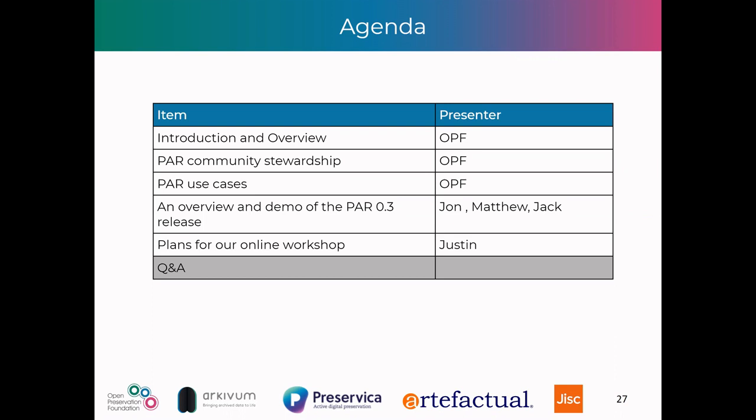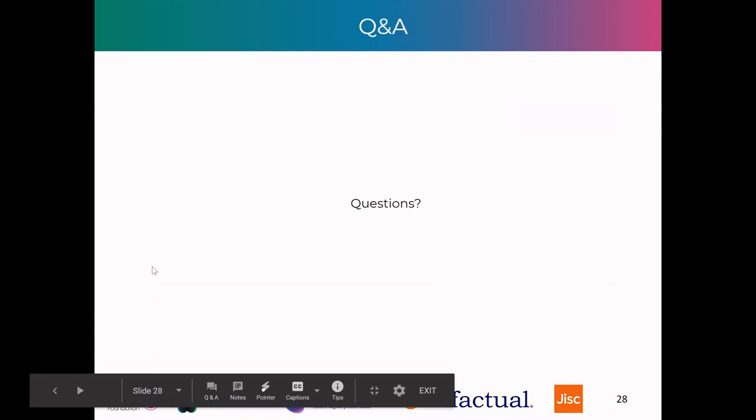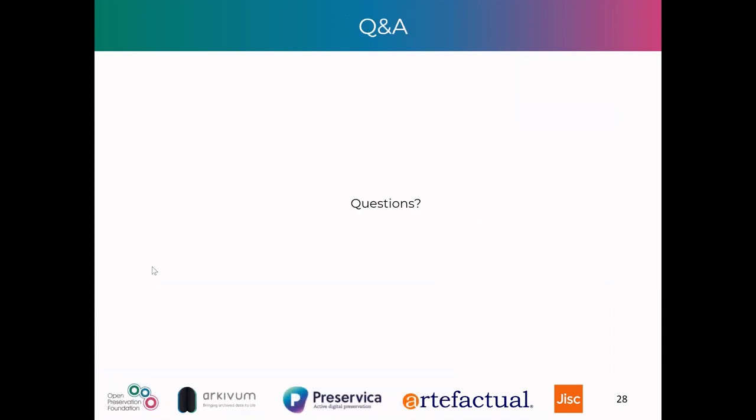This is Justin again. I have one other comment to add. We're focusing quite a bit at the moment on the interoperability that PAR provides, and I think that's one of the most compelling use cases for why all of us have been involved in the project. We're very interested in reducing the learning curve for working on defining new preservation actions.